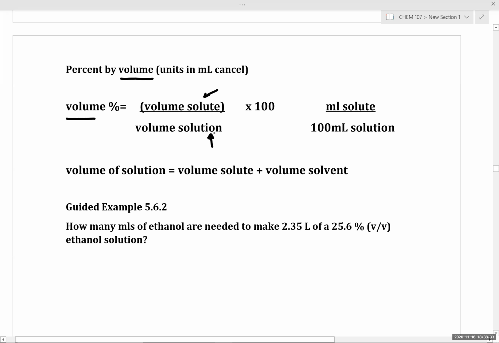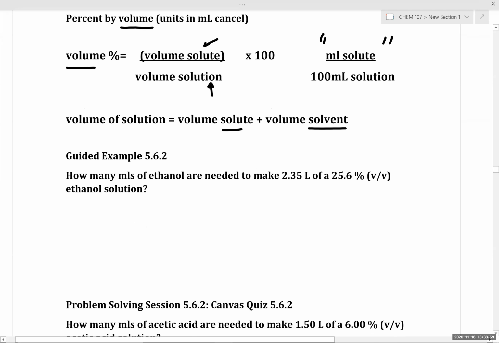Again, volume percent or percent by volume is unitless. Now, just like before, the total volume of the solution is the volume of the solute plus the solvent. Volume percent can also be thought of as the milliliters of solute per 100 milliliters of solution.